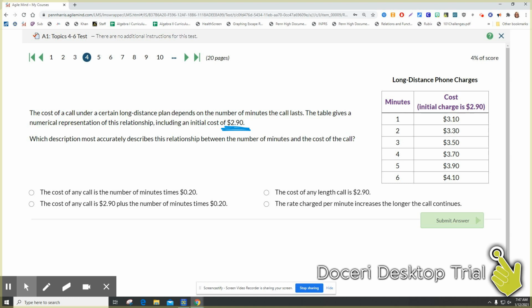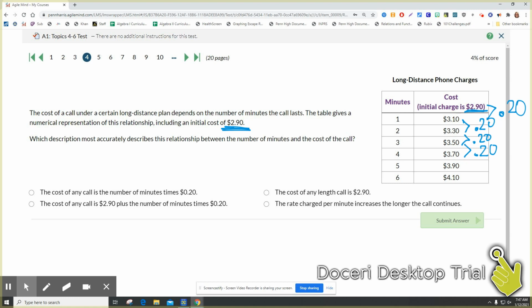Then if I look at the table, I notice that on top of the initial charge of $2.90, if I talk for 1 minute, my call now costs $3.10. So I find that there is a 20-cent difference there. And if I just check here between 1 and 2 minutes, there's also 20 cents. 20 cents between all of those. Each minute costs me 20 cents.